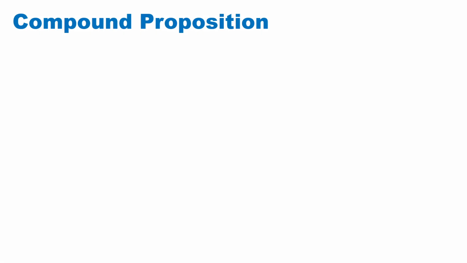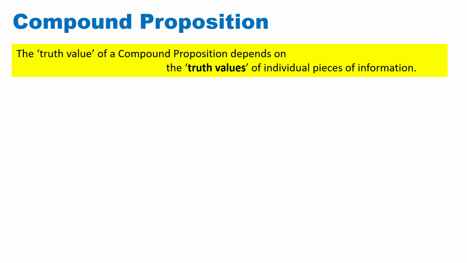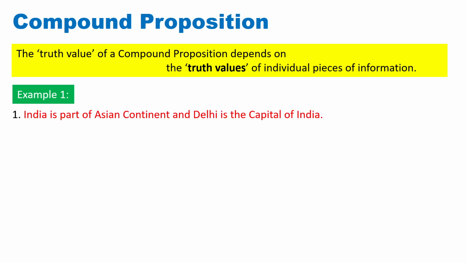An important observation here is that the truth value of a compound proposition depends on the truth values of individual pieces of information. Let's continue with the same example which we have seen earlier. India is part of Asian continent and Delhi is the capital of India.